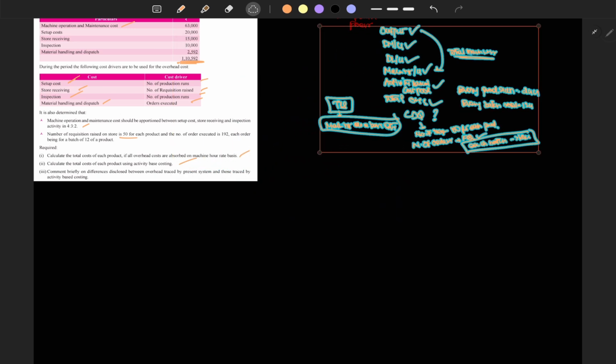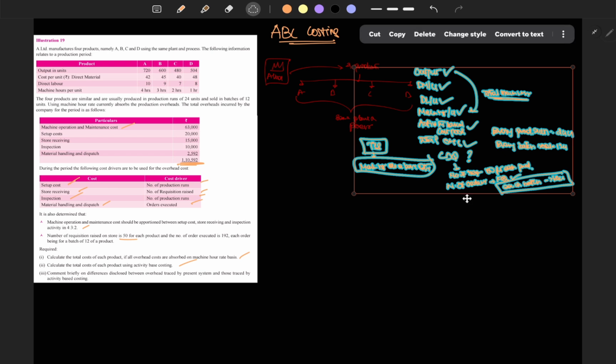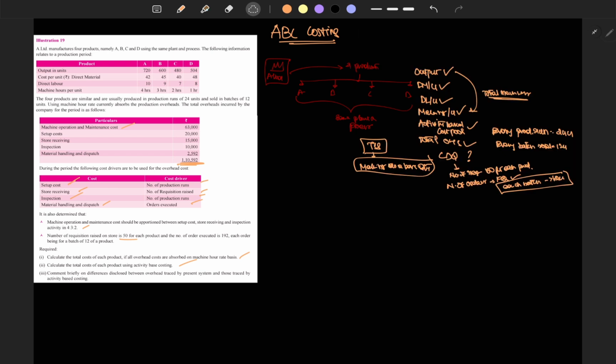So that's why they are planning to take this up, and they want to understand whether it will distribute the overheads clearly or not. So that's what we are going to comment on. Let's see.